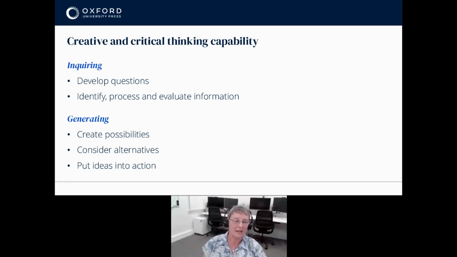So this is where the creativity partly comes in. So creating alternative explanations, consider alternatives, and to consider possible actions that you can take. So you're generating ideas at this stage. So do your observations, then you generate ideas and possible explanations.